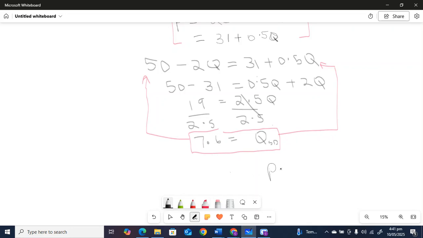P equals 31 plus 0.5, then we substitute Q with 7.6. 0.5 times 7.6, we get 3.8.